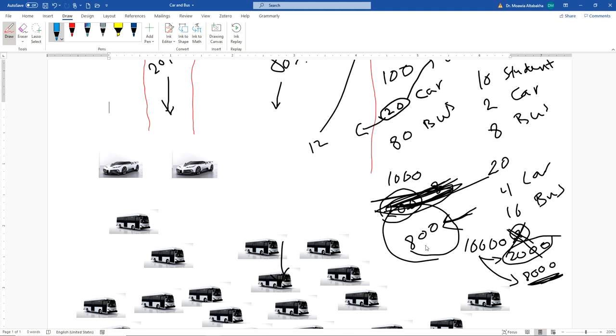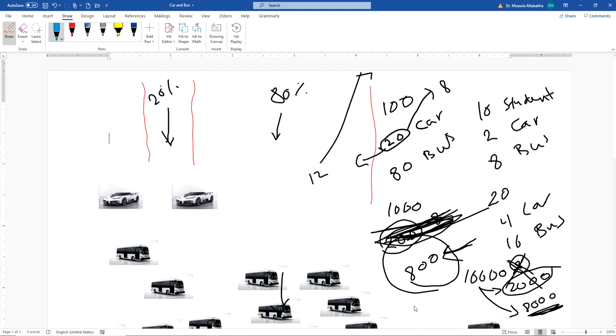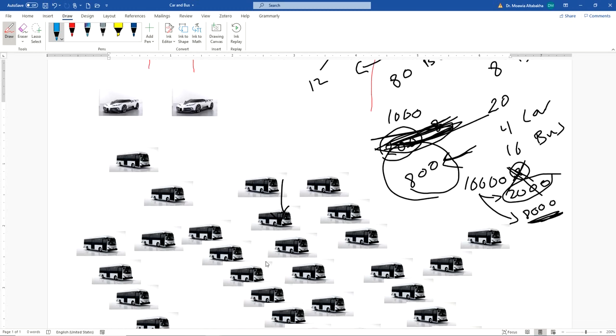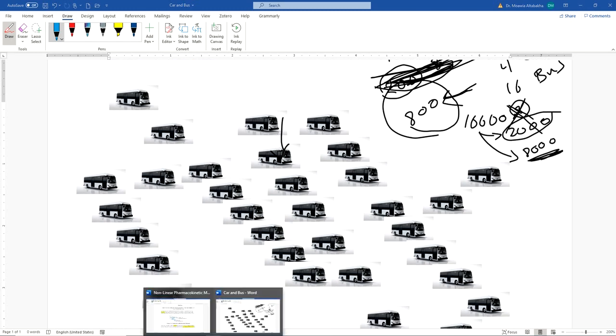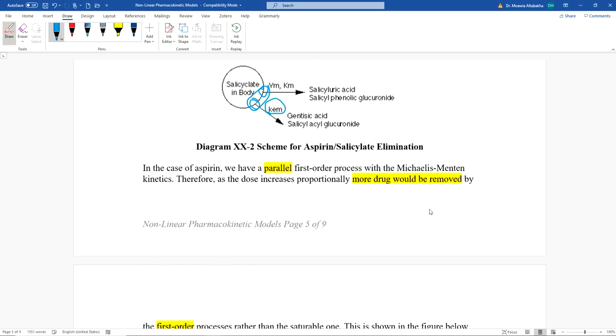Okay, will the half-life return to the same as with low concentration? No. The half-life here will be larger than initially, because initially we had another way of elimination, but here it will be constant but higher than what I had initially. Okay, and this is what actually happens.